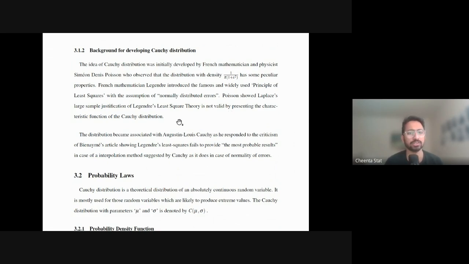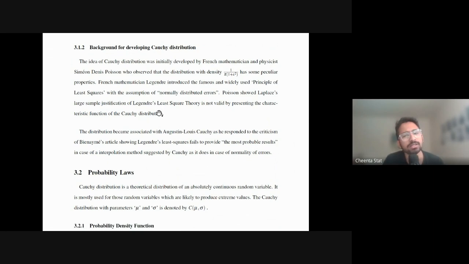Okay, that's interesting. What is meant by the large sample justification? Poisson observed that the Cauchy distribution has certain peculiar properties, and Legendre's principle of least squares assumes normal error.